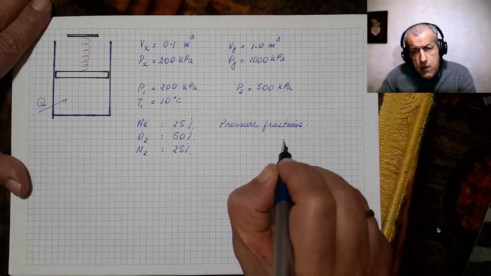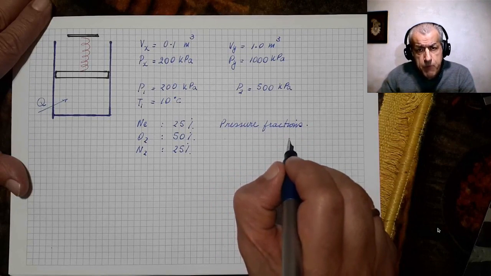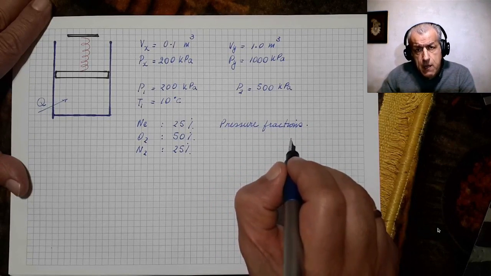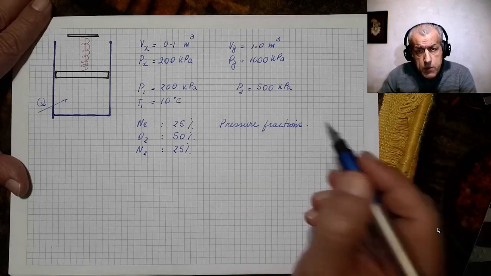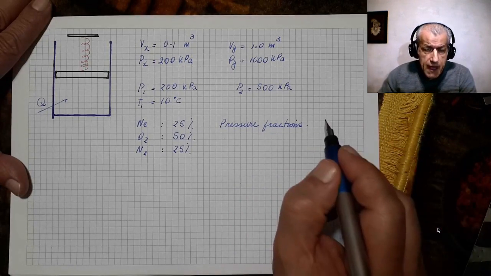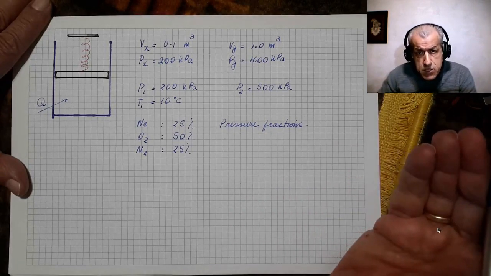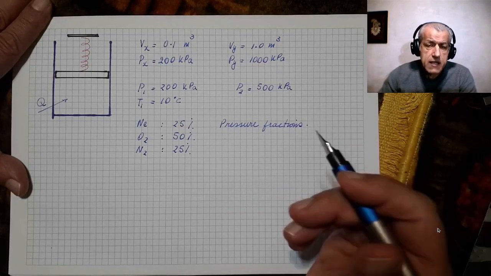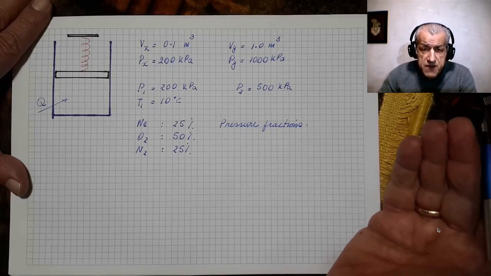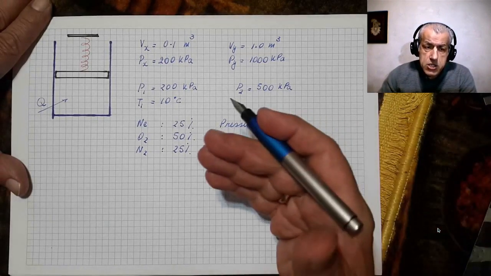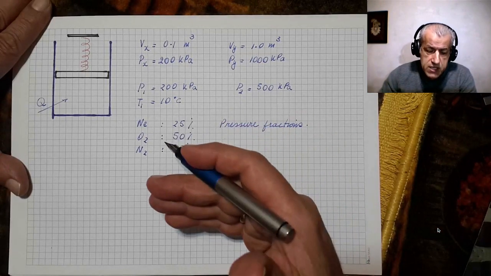Which we all know that partial pressures are directly related to mole ratios. So we have mass ratios, mass fractions, and mole fractions. And now pressure fractions directly show what mole fractions tell us.